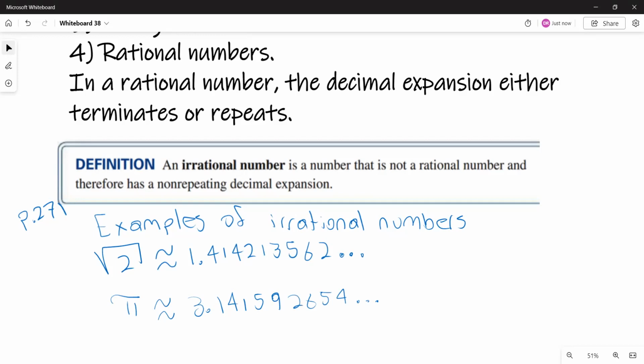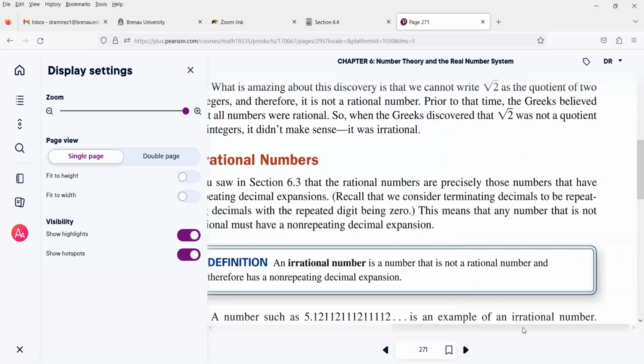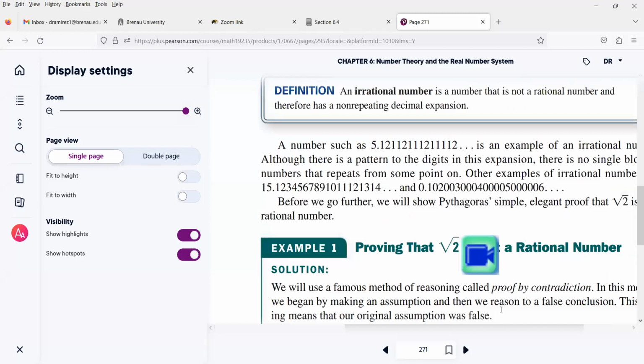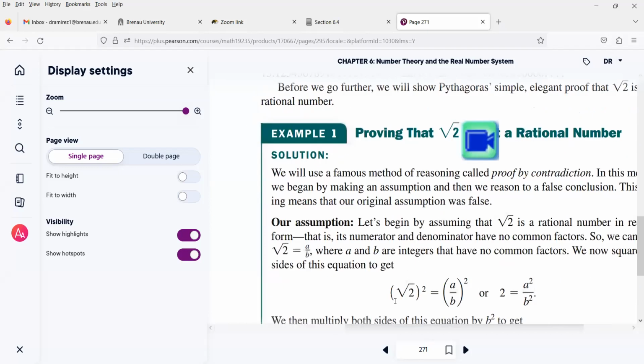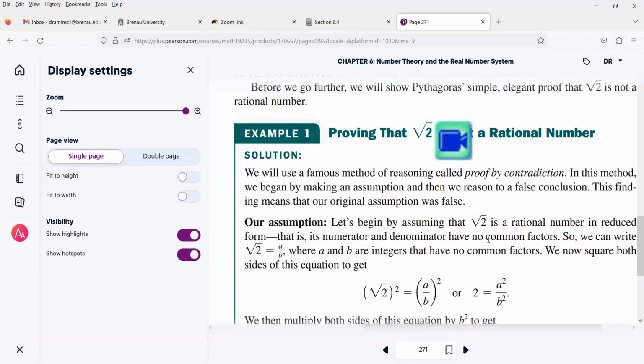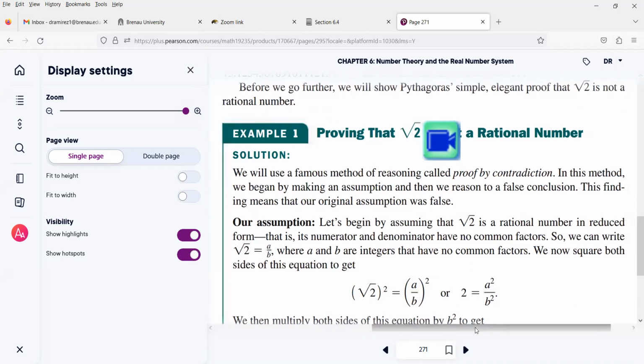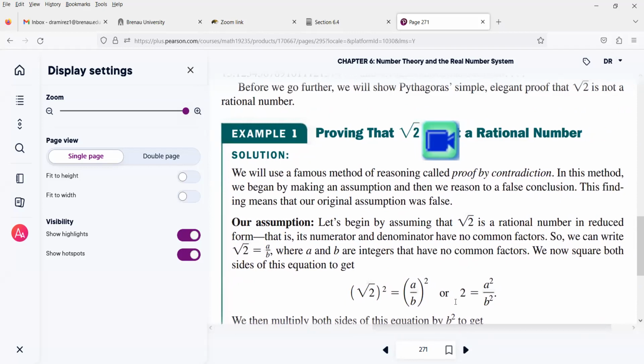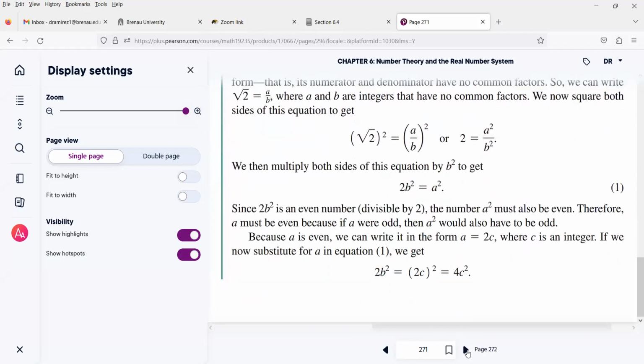So in example 3, you notice I'm not doing examples 1 and 2. Example 1 is a proof that the square root of 2 is not a rational number. That's beyond the scope of this course. I'm not going to do that, and you're not going to be tested on anything like that.